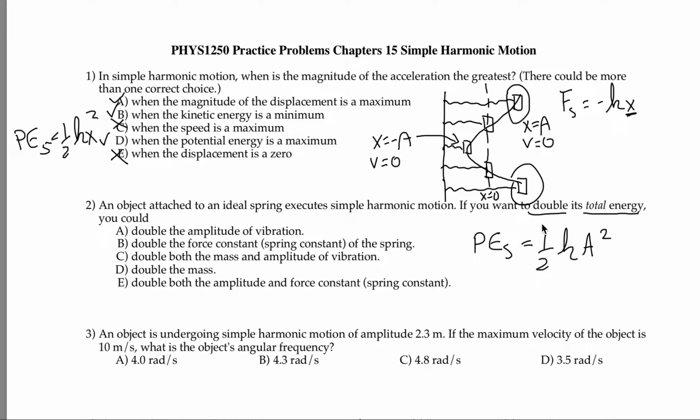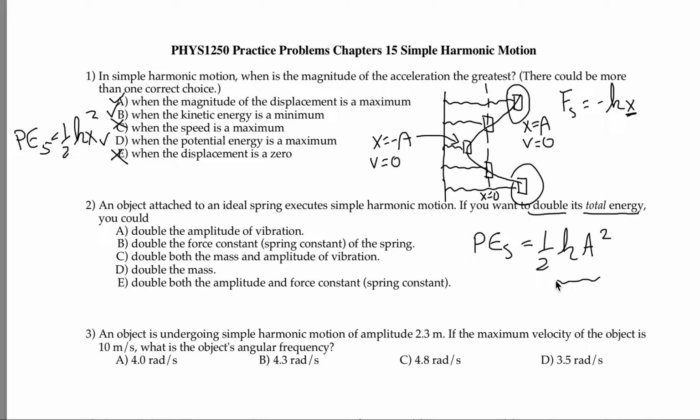And then we said, well, if it has this much energy at this position, then that means that anywhere throughout its motion, it's going to have the exact same amount of energy, because energy is not created or destroyed. So we can actually look at this expression as representing the total energy of your object.